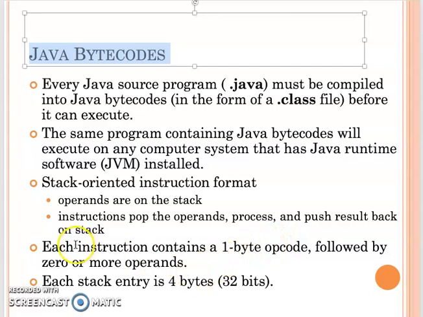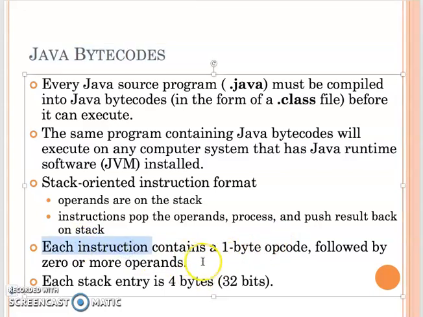Each instruction of your machine code is 1 byte, because remember your machine code only has a limited set. One unsigned byte can already give you 255 values, so you can have a lot of instructions, and 1 byte is enough. But for the operand stack, each entry is 4 bytes.